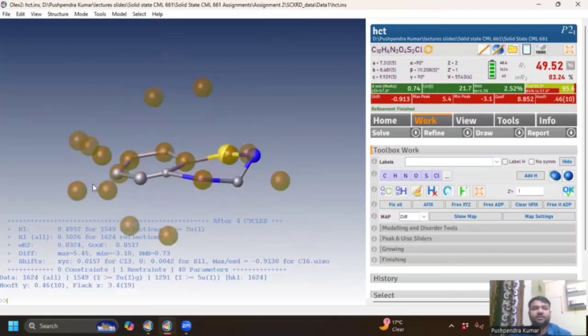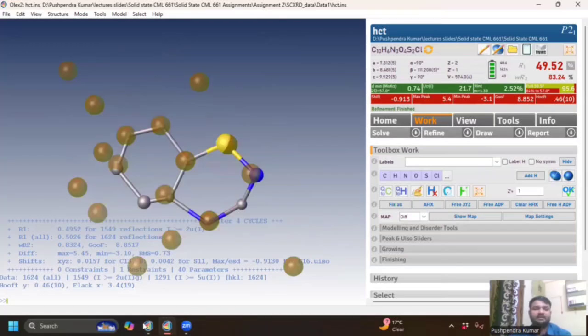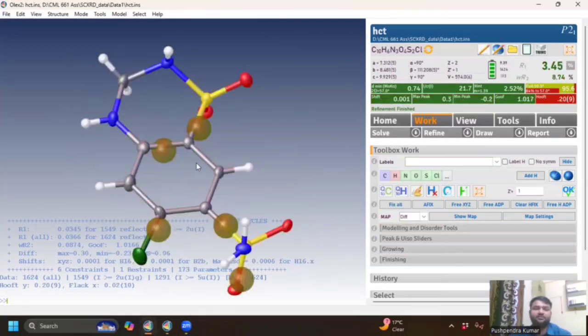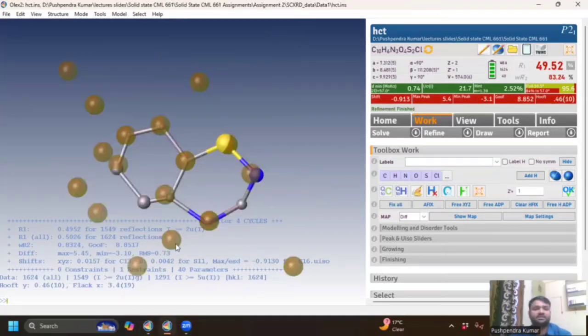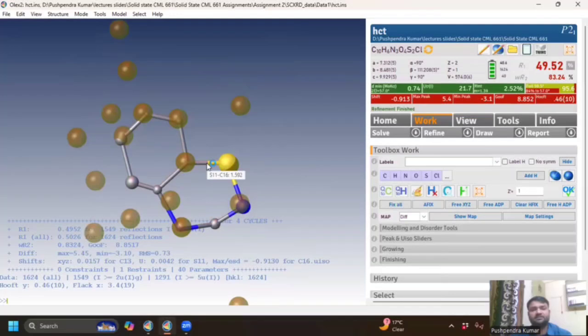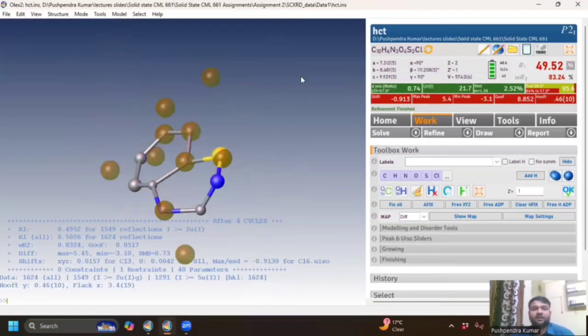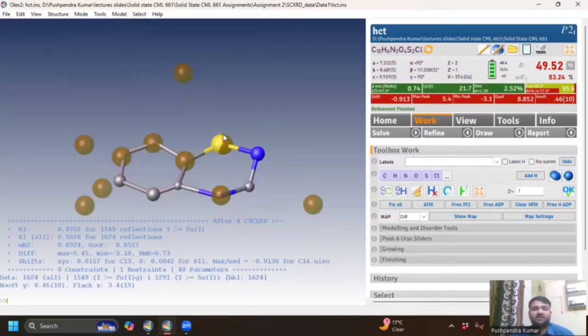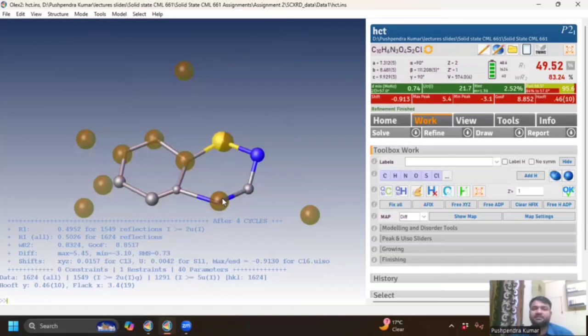So now we can see there is also the chlorine atom, and this is the other sulfur atom. Here in our structure, we can see this bond length is about 1.59, and this bond length is about 1.744. So we can say that the atoms that we have marked, this sulfur and this nitrogen, are maybe incorrect. So we have to change both atoms.